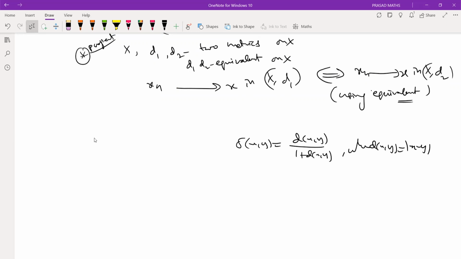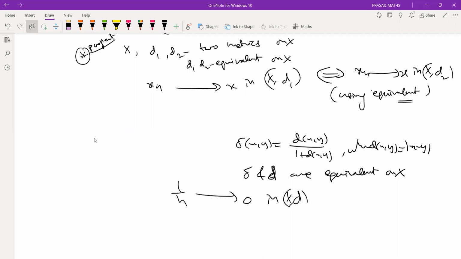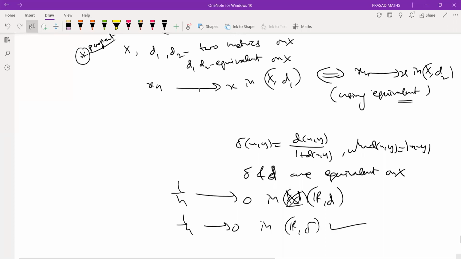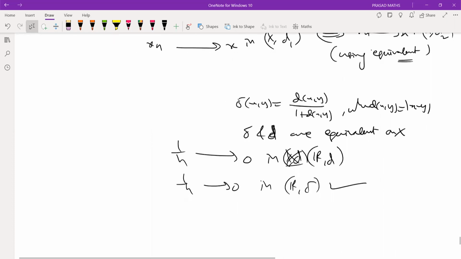We have seen that delta and d are equivalent on X. Therefore, as you know, 1 by n converges to 0 in (X, d), meaning in R with respect to d. So by using this property, 1 by n converges to 0 in R with respect to delta. Is it clear? Very, very important.